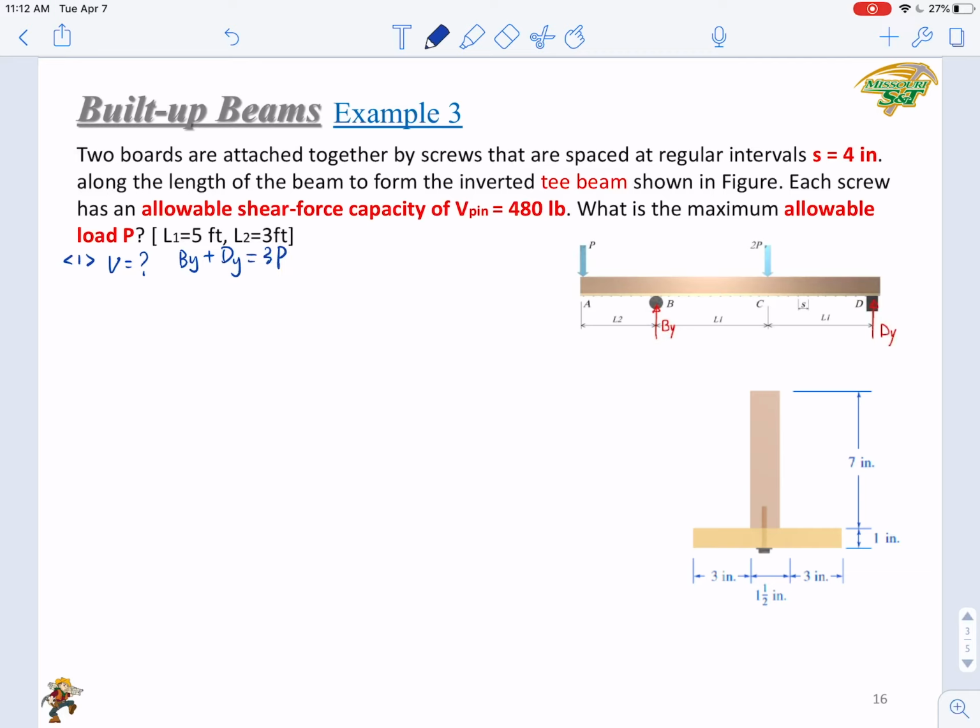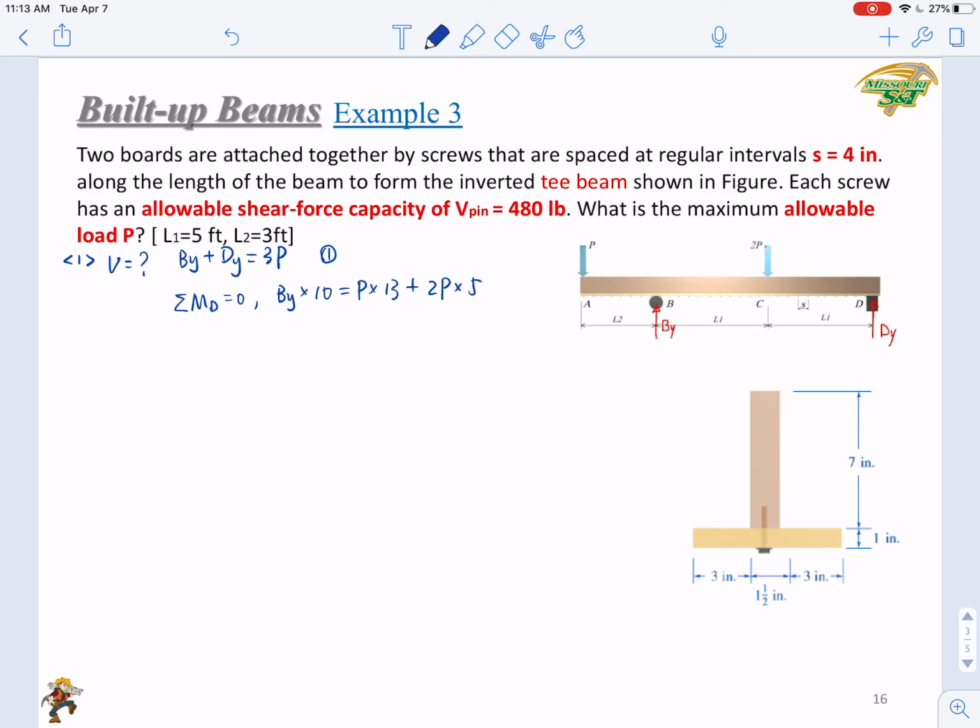This is your equation 1. Then from sum of moments about D equals 0, you can get By times 2L1, L1 is 5, so that is 10, equals P times (2L1 plus L2), that is 13, plus 2P times L1, that is 5.